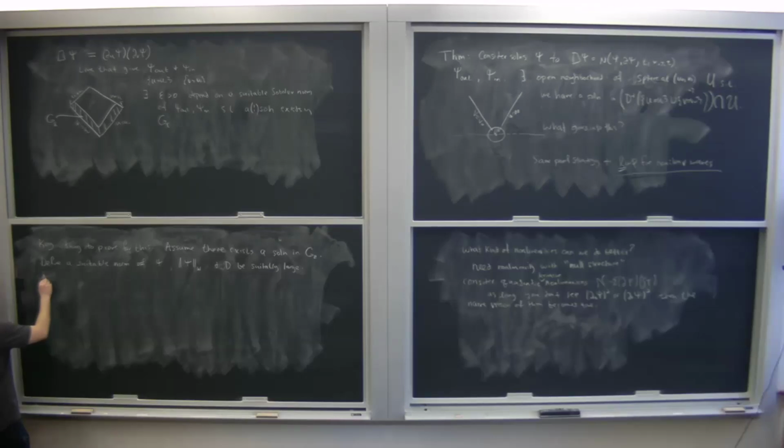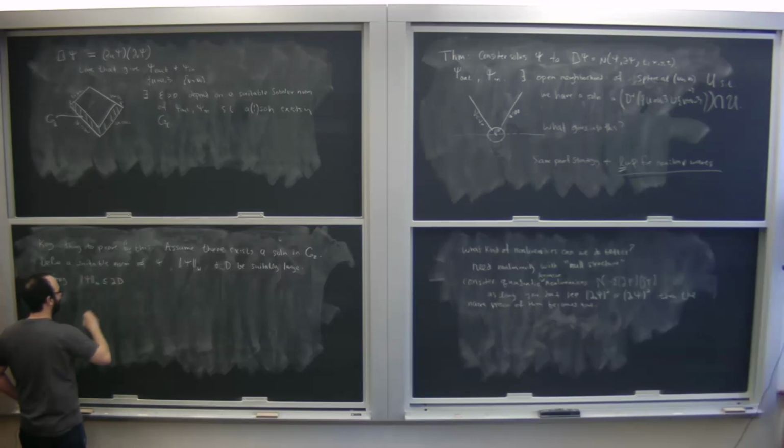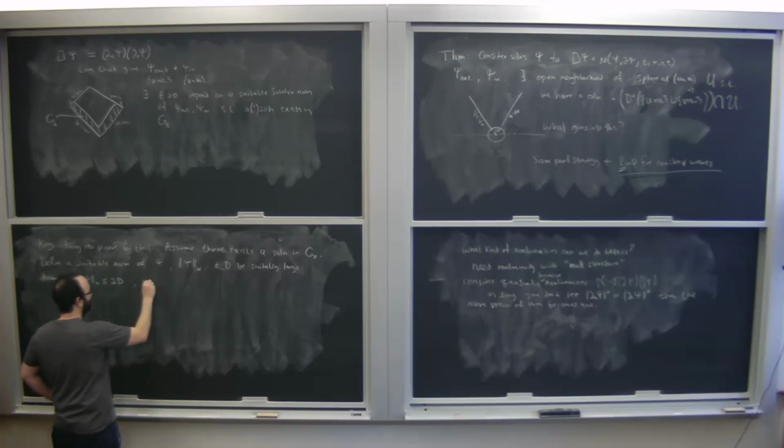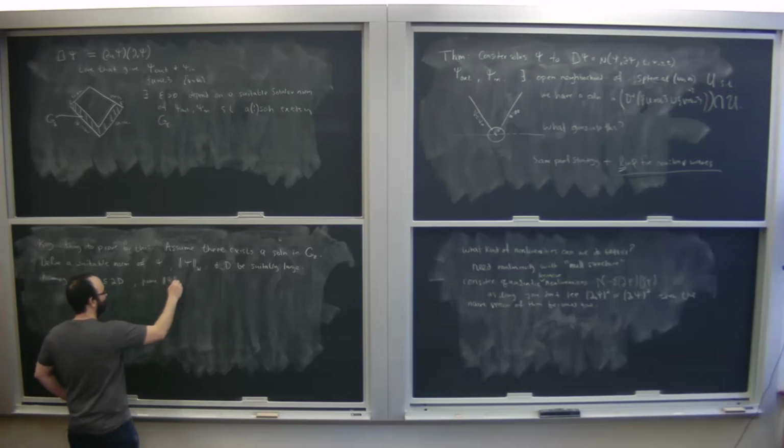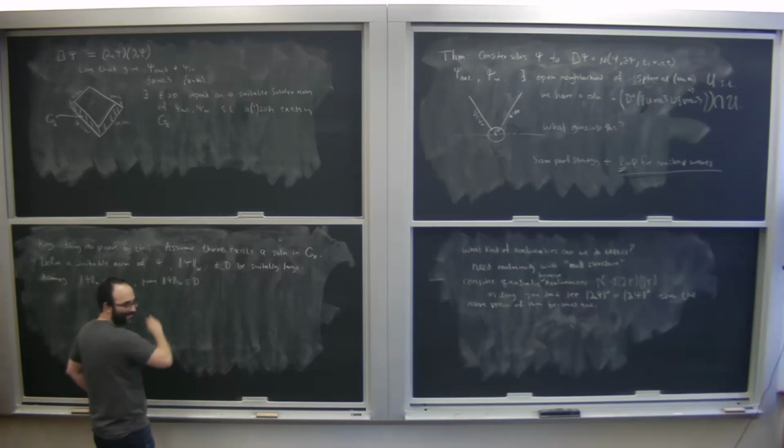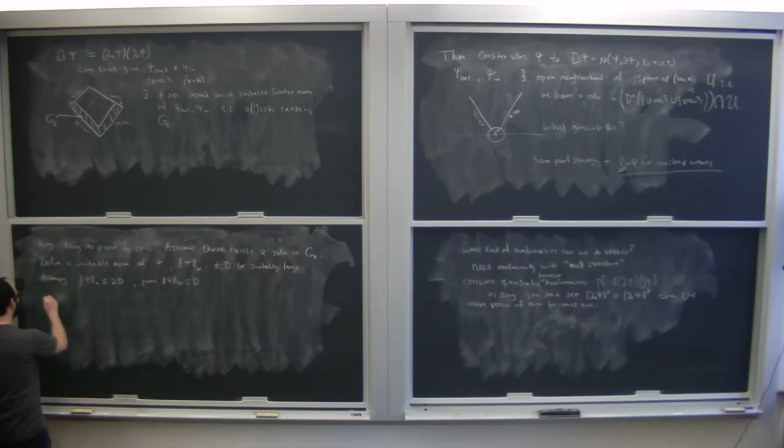Okay, then assuming that this is less than 2D, you have to prove that this is less than D. All right. And that is the crux of the matter. All right, what is this norm?